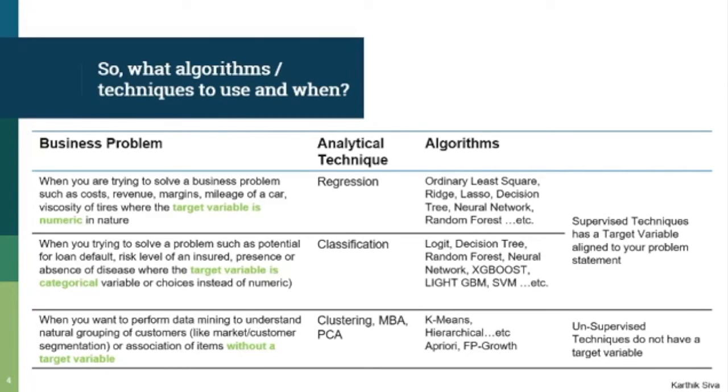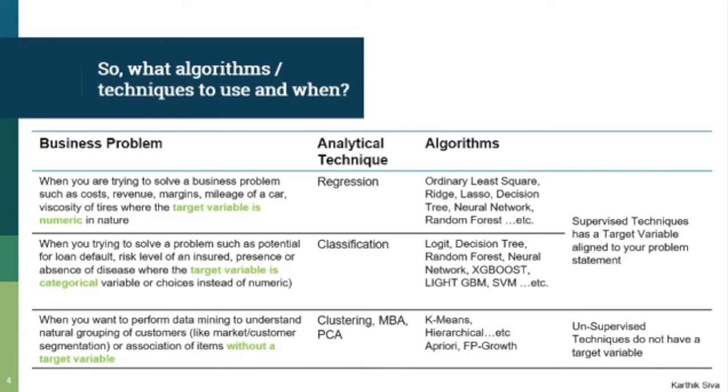Whether a loan will result in a default or not. The risk level of an insurer, which could be low, medium, or high. There you have a set of choices. Most problem statements tend to have two choices. Sometimes you may end up with three or four, quite rarely higher than that.